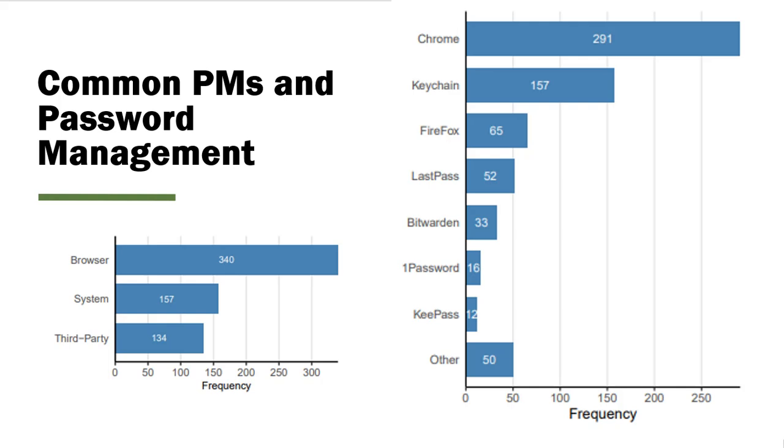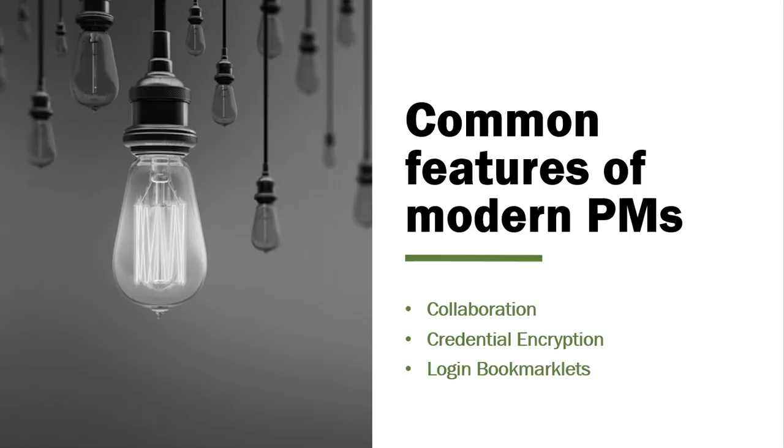Out of the people they surveyed, if you were using a third party, it was LastPass, Bitwarden, 1Password, KeePass, and there's a good chunk that were using something else. And these were individuals who maybe weren't forced to use it through their organization or business, so this is probably a mixture of people using it both professionally and personally.